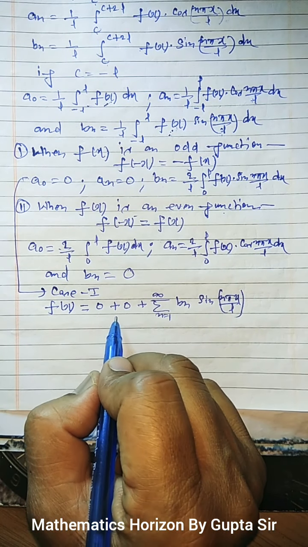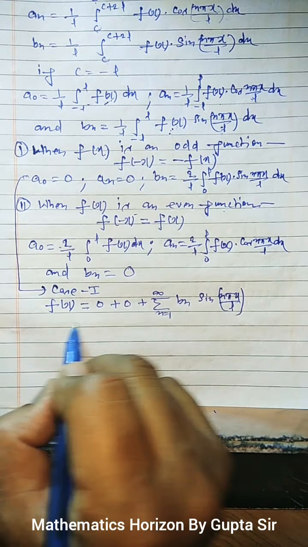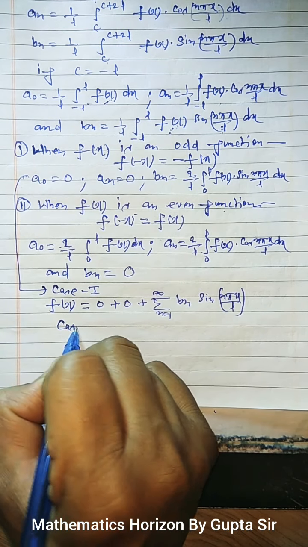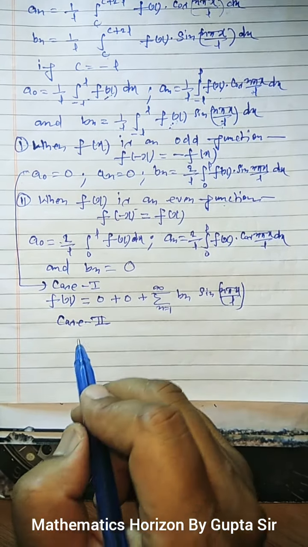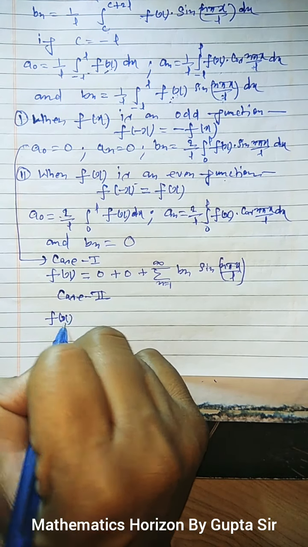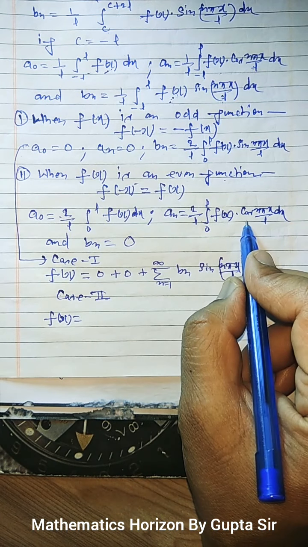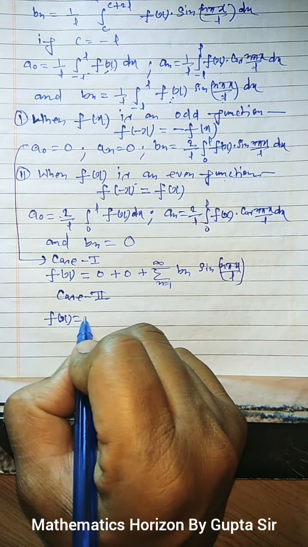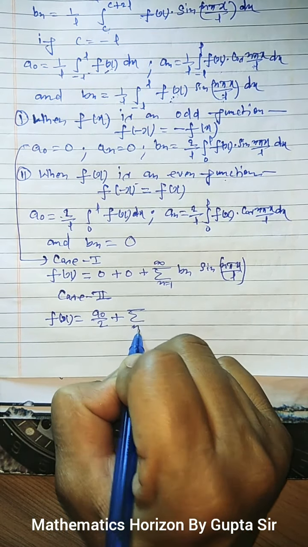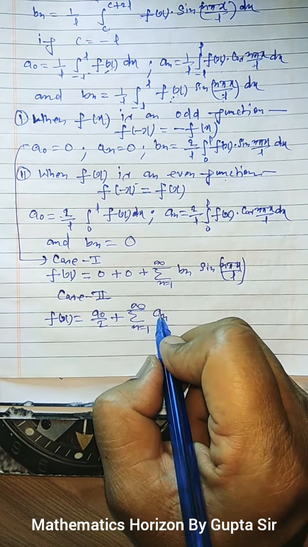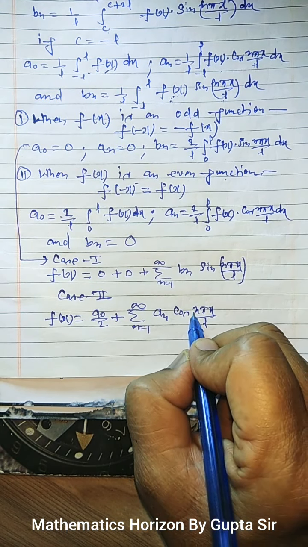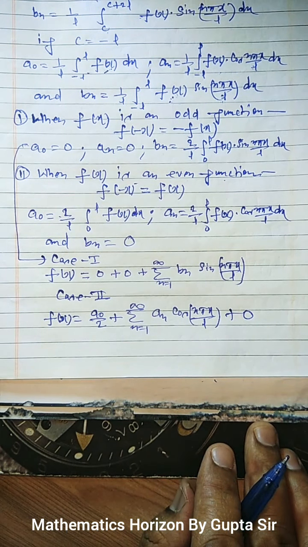When f(x) is an odd function, we get only sine terms in the series, and when f(x) is an even function, in that case bn will be 0. We get only cosine terms in the series, that is, here we get a0/2 plus summation n equal to 1 to infinity an cos(nπx/L), and bn will be 0.